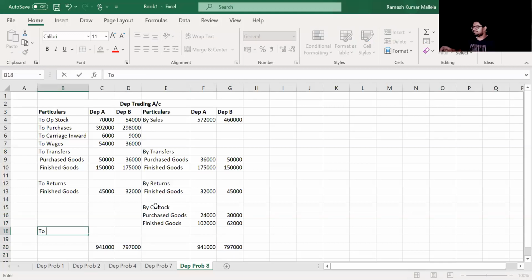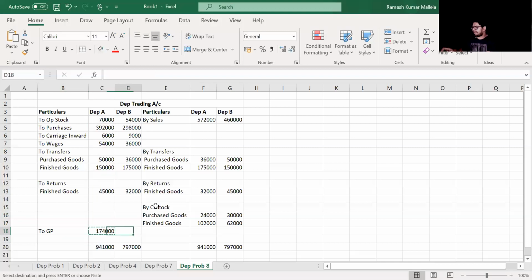To gross profit, it is going to be this minus sum of all the above, which is 1,74,000 and 1,57,000. This is the gross profit. Okay. So with this, we are done preparing departmental trading accounts.